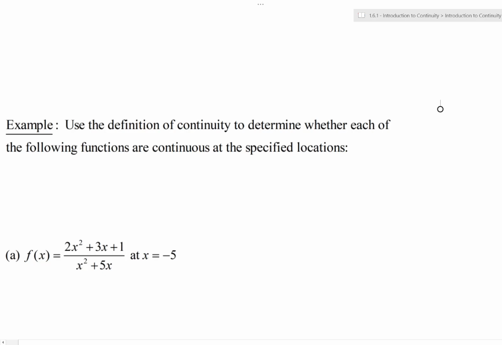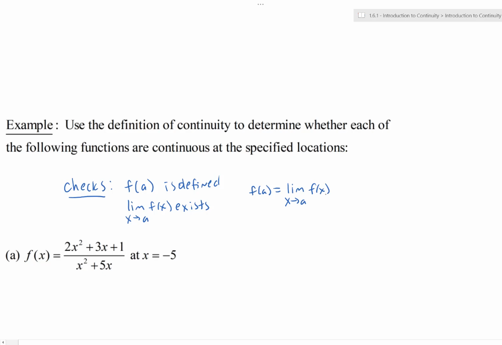So we have to go through our checklist. Remember, we need all of these things to be true: f of a is defined, in this case f of -5, the limit as x goes to a of the function exists, and of course those two things, f of a and the limit as x goes to a of f of x, should be equal.